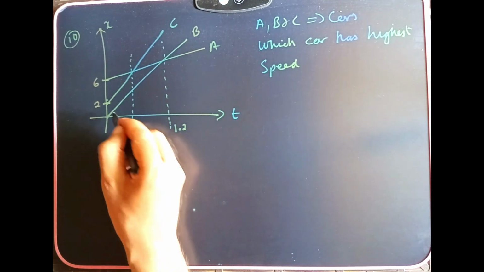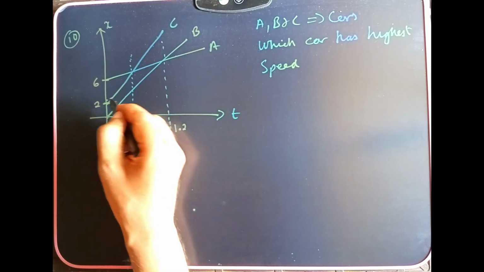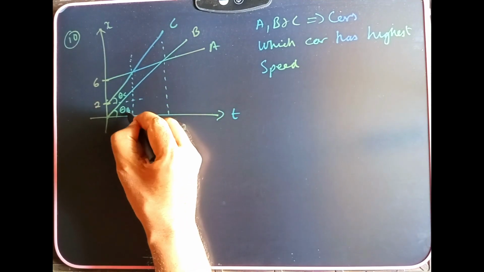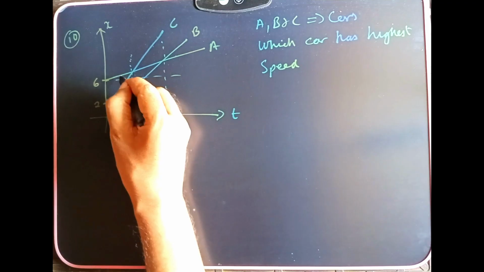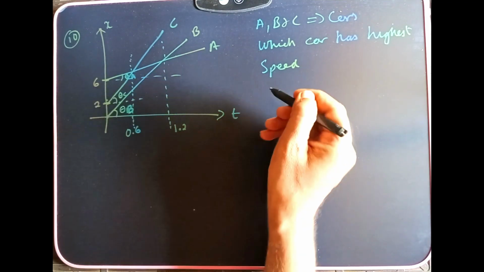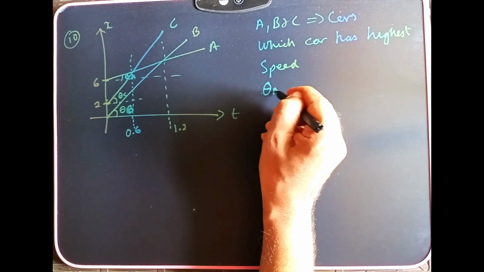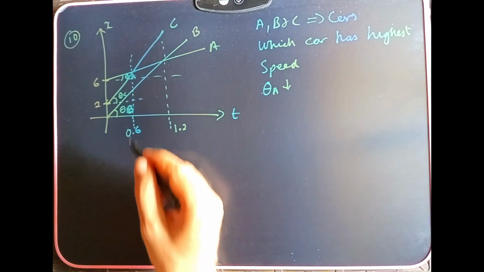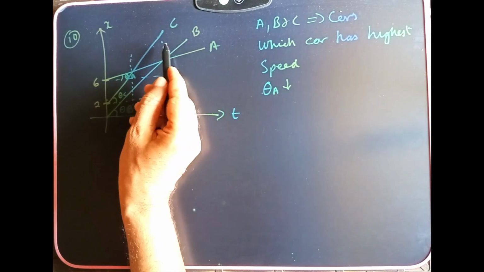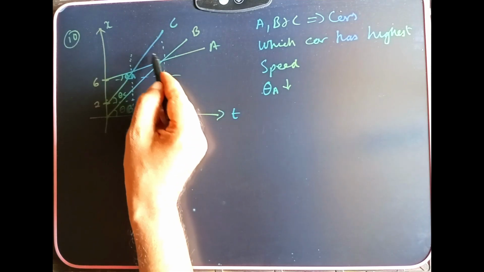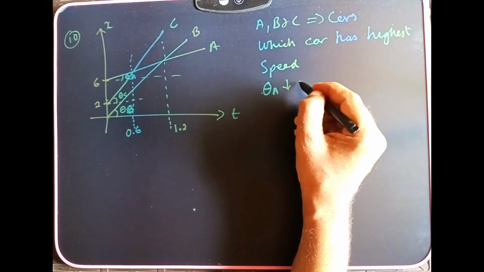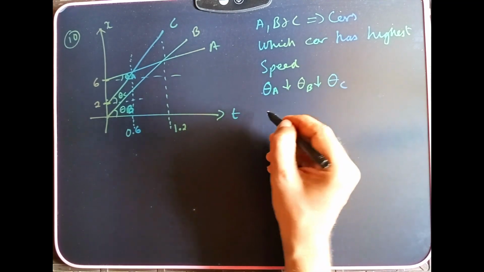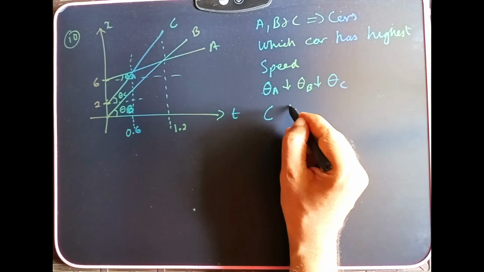If I draw a line here, this is theta C, this is theta B, and this is theta A. Theta A is anyway slower than the other two. Now we have to determine between B and C. As you see, B is slightly more inclined towards the end, so theta B is smaller than theta C. That means car C has the highest speed.